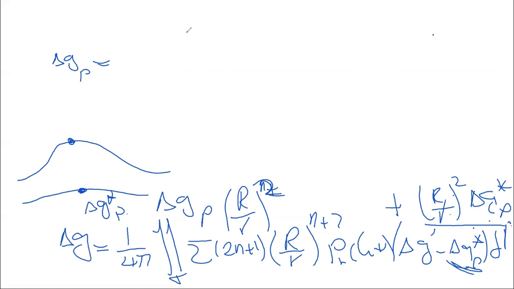It's some approximation for the upward continuation of the gravity anomaly actually. I want to see it more precisely. Yep, I can write it like that. This will be R over R 2 delta G star equals to this formula.